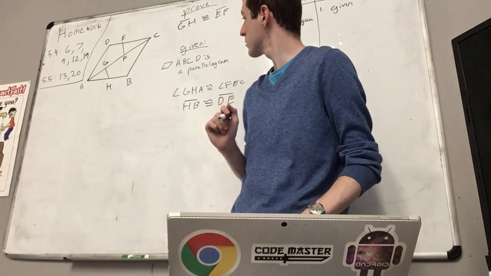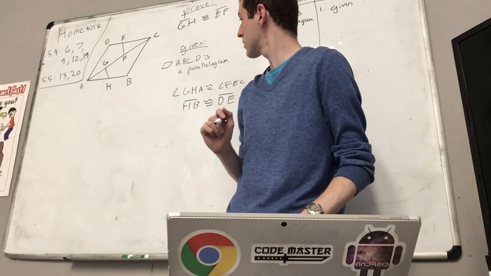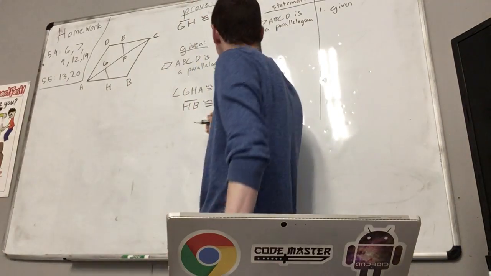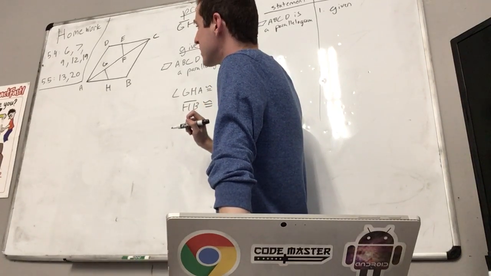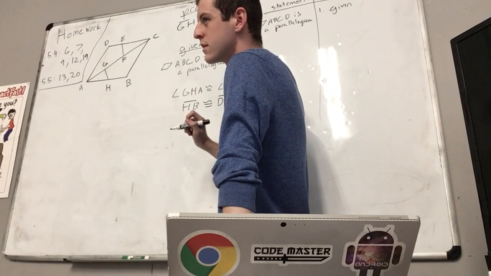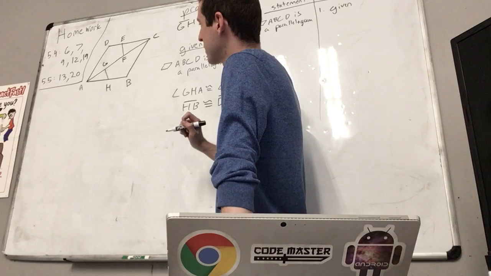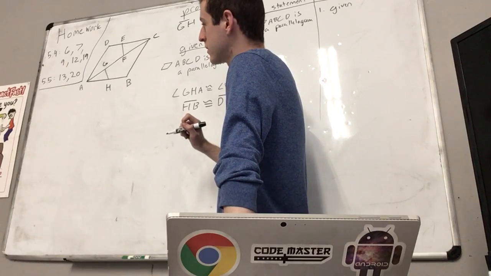You can say that AH is equal to EC because it's given that HB is equal to DE, and if you subtract it from the whole. There's a couple steps, just to warn you. So if you subtract DE from DC, you get EC, and if you subtract HB from BA, you get HA.